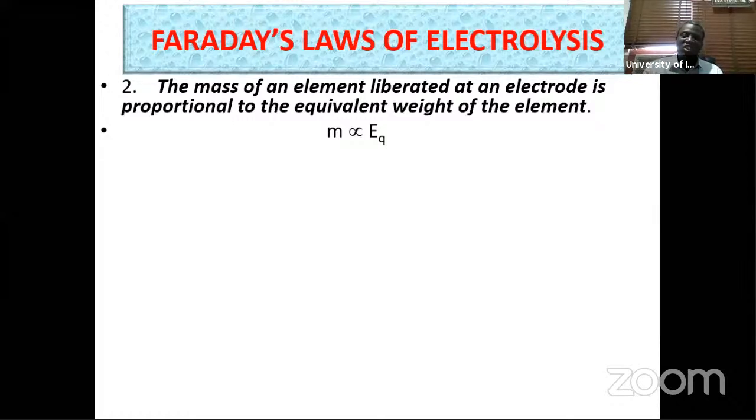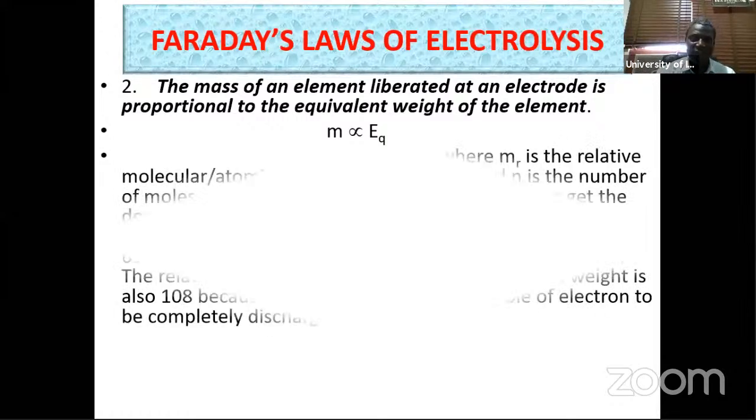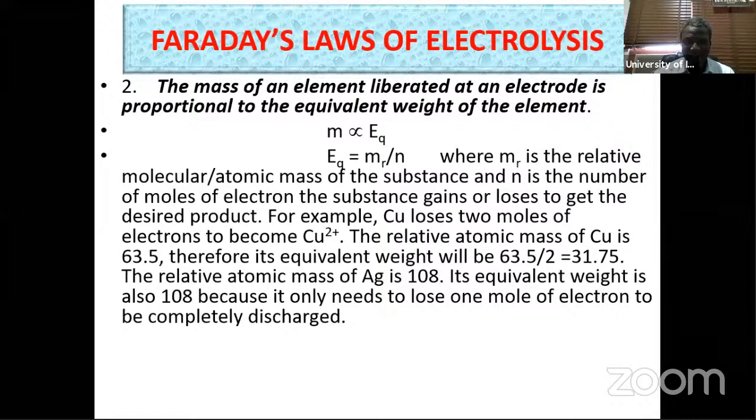What 1 Faraday is going to discharge will be 20 gram. So that means the equivalent mass of calcium is going to be 20. I hope you've gotten it. So you divide by the number of charges you have on the element. So that means equivalent mass is equal to the relative molecular mass or the atomic mass divided by the number of moles of electron that you need to discharge it. That's what I've just explained.